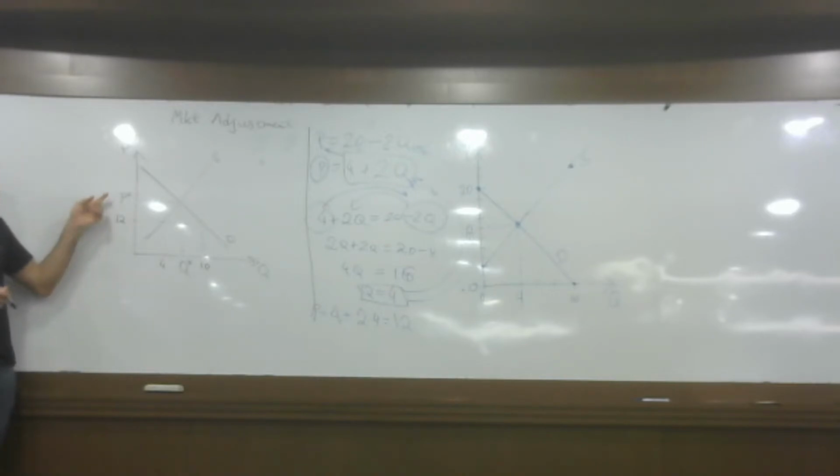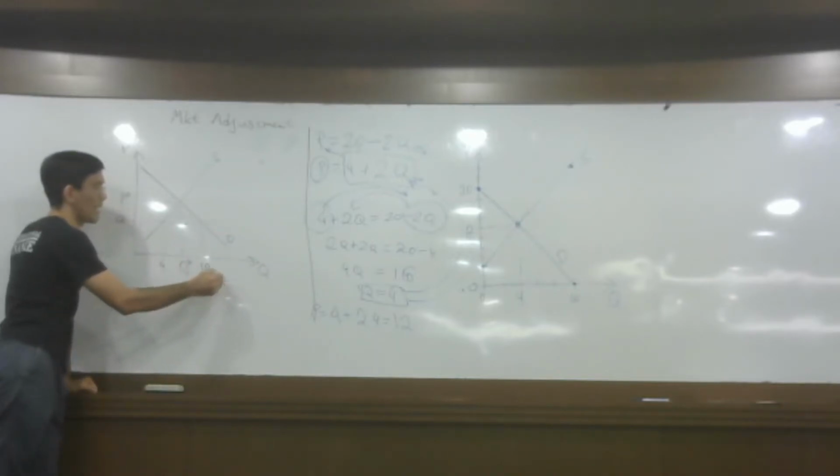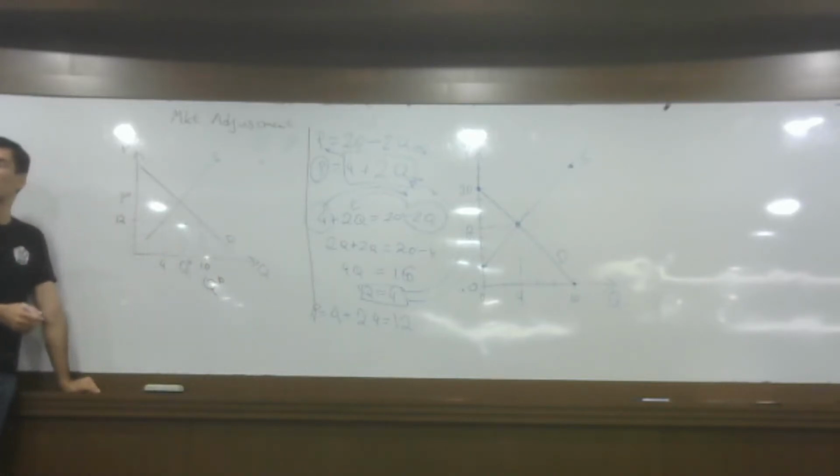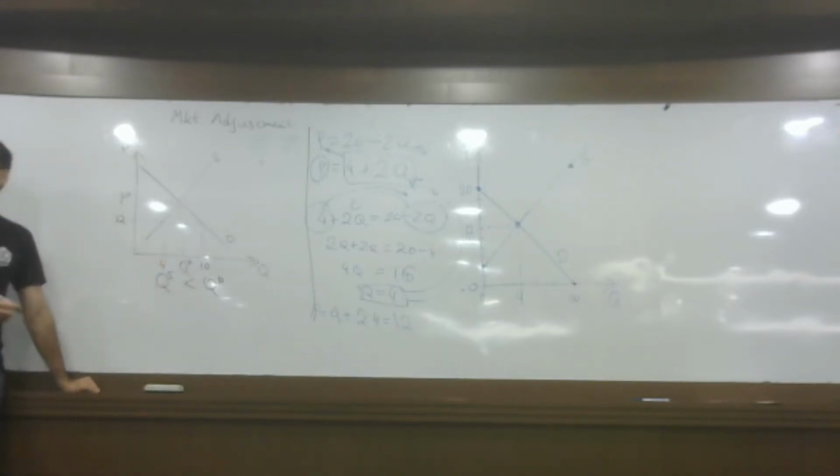In this case, whenever the price is below the equilibrium price, the quantity that people demand, we call it quantity demanded, is greater than the quantity supplied. So we have a shortage. There aren't enough pairs of shoes for all who want to buy them.